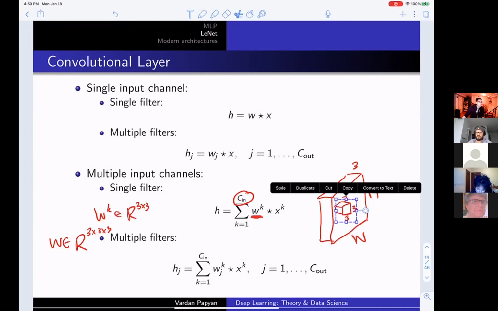The person who asked the question is right, it's a sum of 2D filters. But if you ask a person in the deep learning community whether this is a sum of 2D filters, they would say no, it's a 3D filter. The filter is a 3D tensor. You're correct that it's not a 3D convolution, because a 3D convolution would convolve in the third dimension as well.